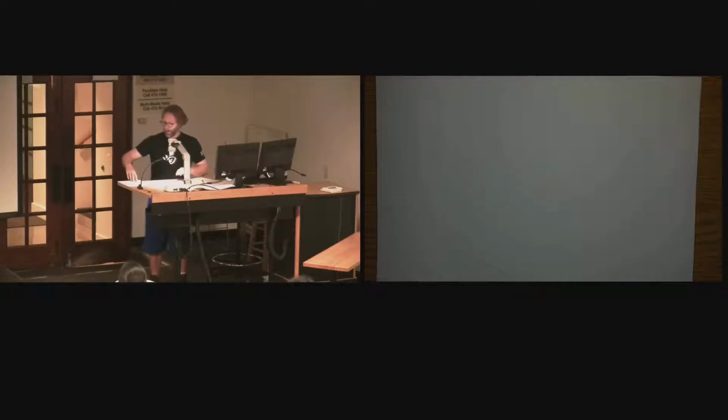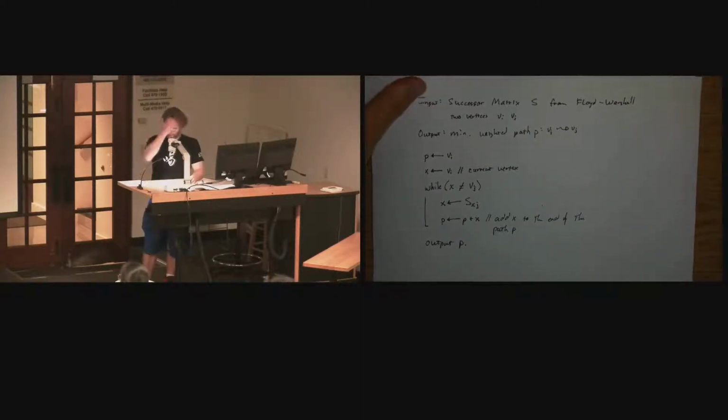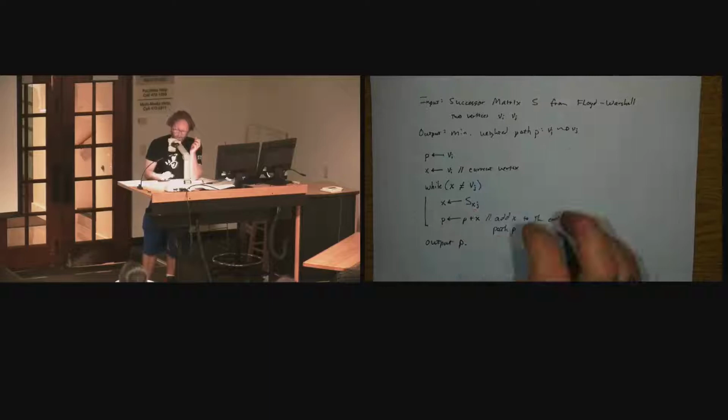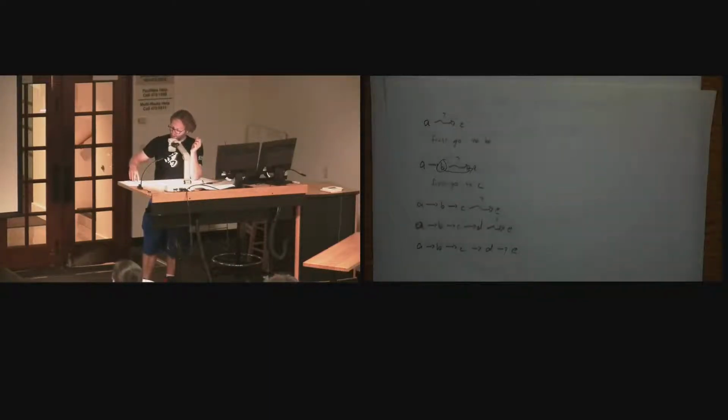I don't know how other people structure this kind of course, but I like to take all the graph algorithms and put them together in a logical order. You'll see that this one is a great one to end on, because what we're actually doing here is a little bit of dynamic programming.